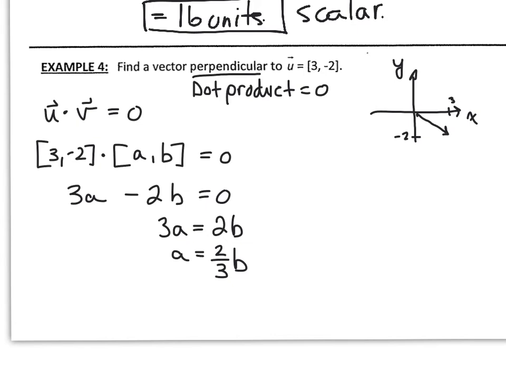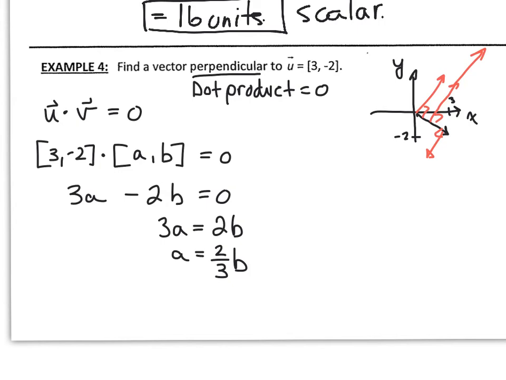Okay, so there's my vector there. And if I want to get something that's perpendicular to that, well, there's so many. That's perpendicular. That's perpendicular. Okay, that's perpendicular. And they can be as long as they want to be. I could have made that twice as long, right? So there's an infinite amount of vectors that I can find that will be perpendicular to u.